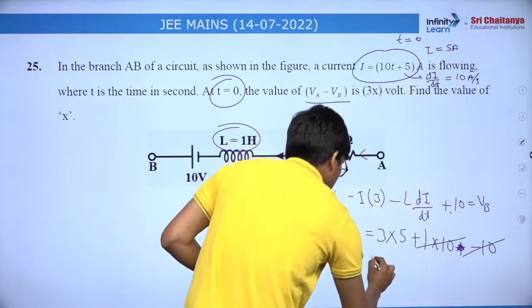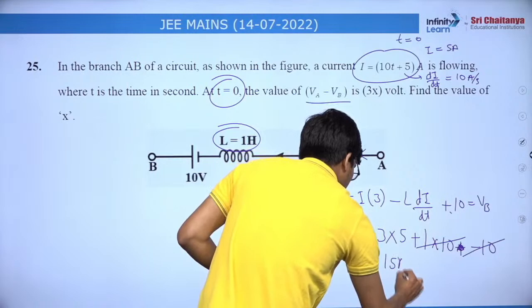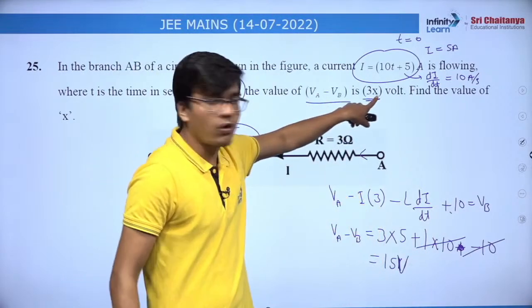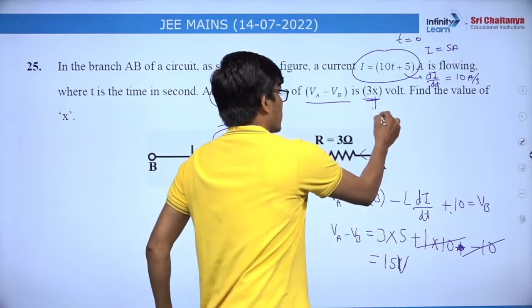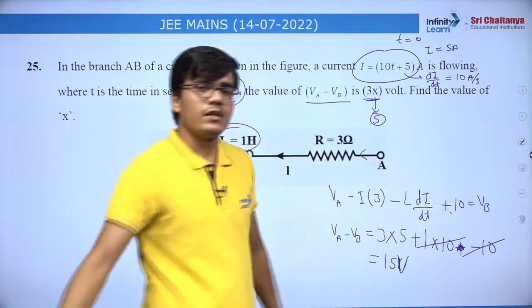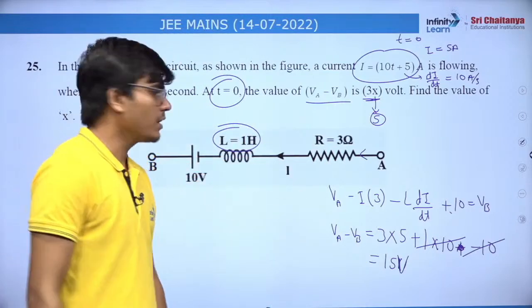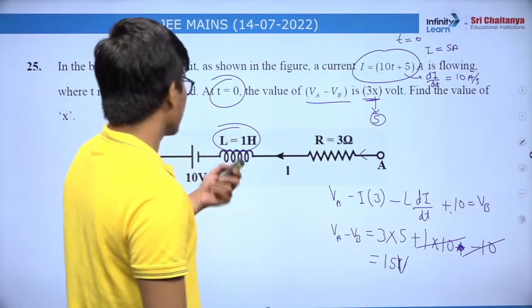So this and this will get cancelled. So it will be 15 volt. So 15 volt is equal to 3 times of what? 5, right? So x should be 5. 15 volt is the final answer. So 3x and x value will be 5. Simple question from KVL, right?